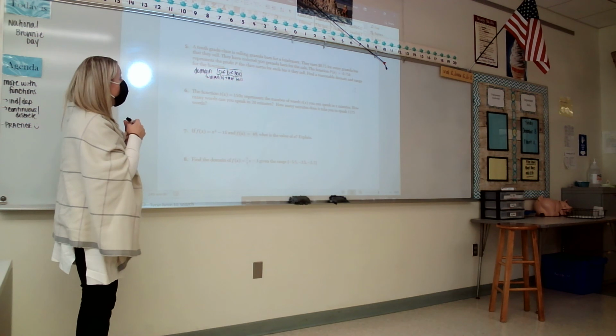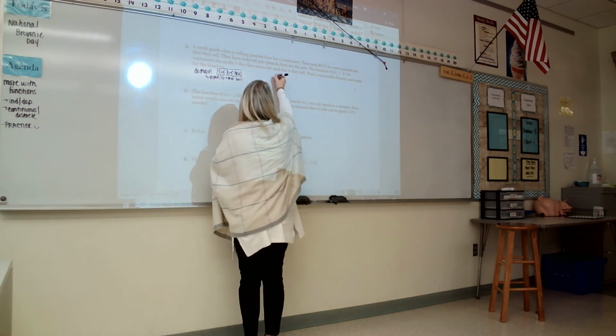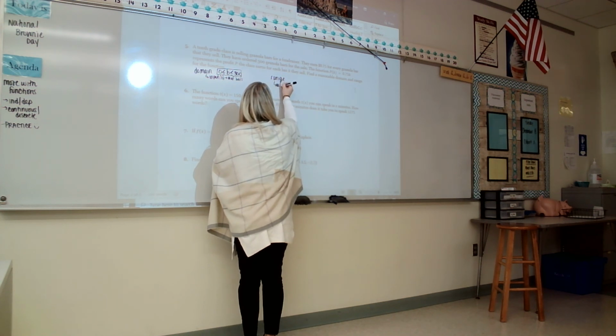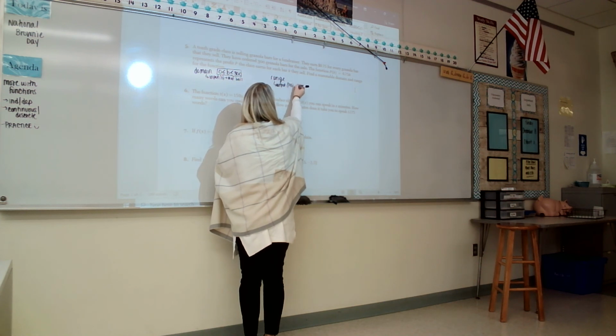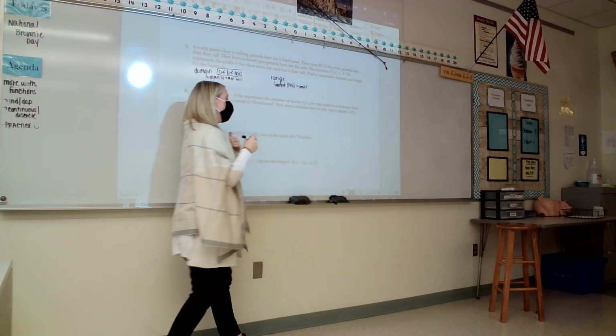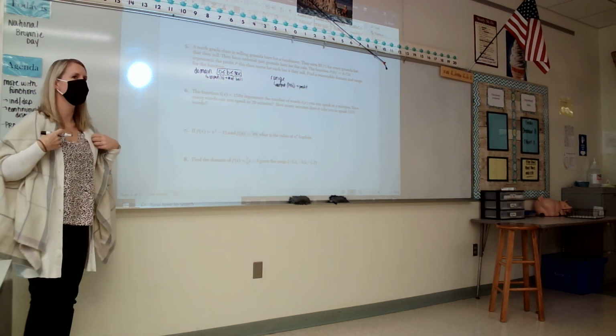It also asks what's a reasonable range. So the range is my output. In this case, it's being represented by P of B, and it means my profit. Now you kind of get your profit or your range from your domain, right?